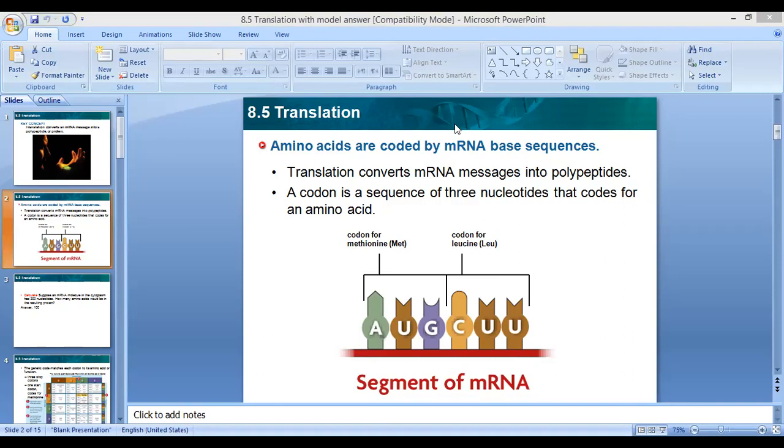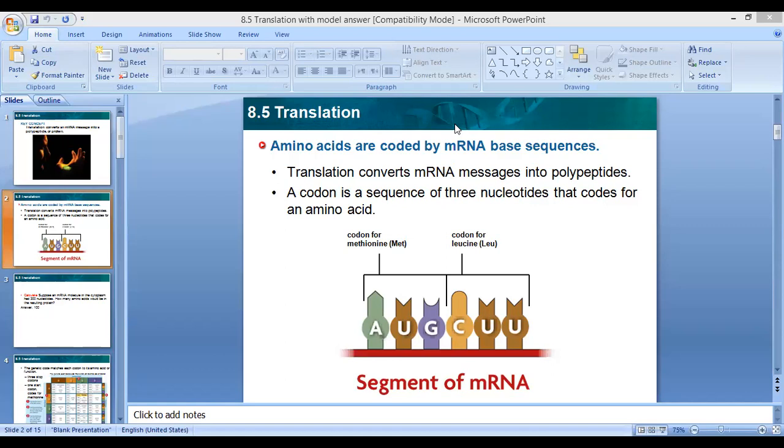So in the language, to make the words, we have 26 letters. Now, in the genetic language, to make words which are codons or codes, we only have 4 letters, which are the nucleotides. So letters in the language of genetics are the nucleotides A, U, G and C. T is for DNA.